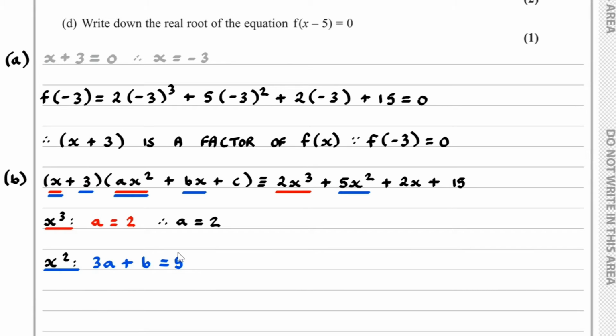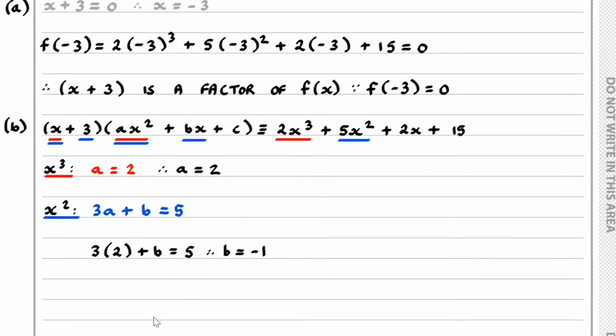We know what a is, that's 2. So we have 3 multiplied by 2 plus b equals 5. We can conclude from this b equals -1.